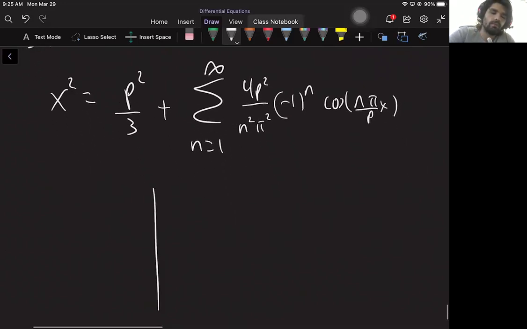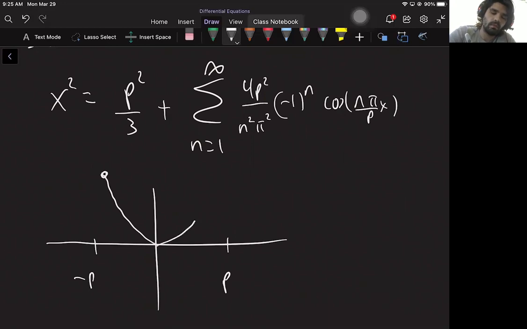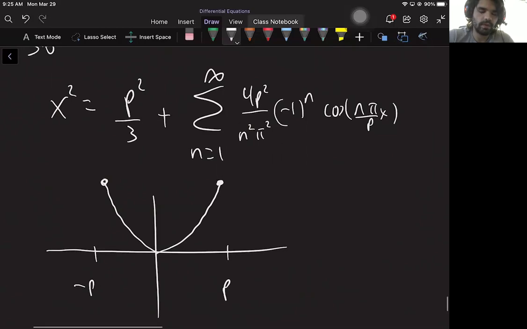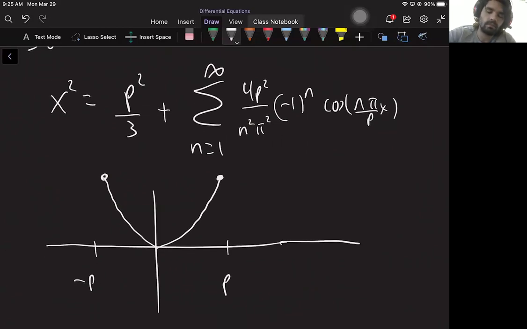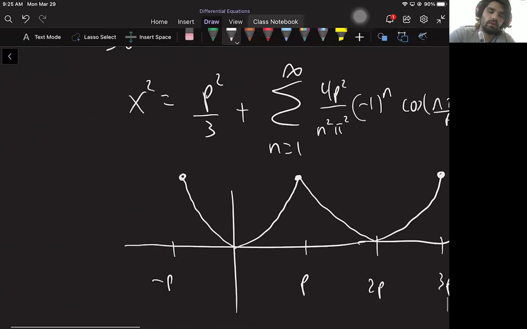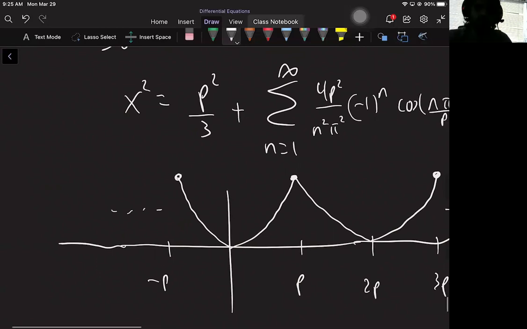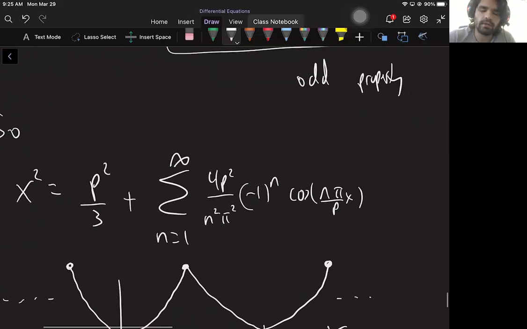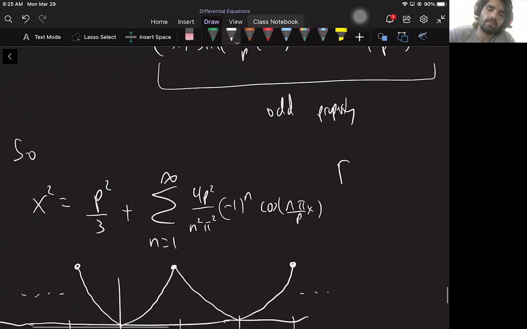And once again, once you choose a p, your Fourier series looks exactly like your function there, but then it'll just repeat itself again over and over. So it's a periodic extension. That's what it's called. And so this one would be called a Fourier cosine series because the sines disappeared.